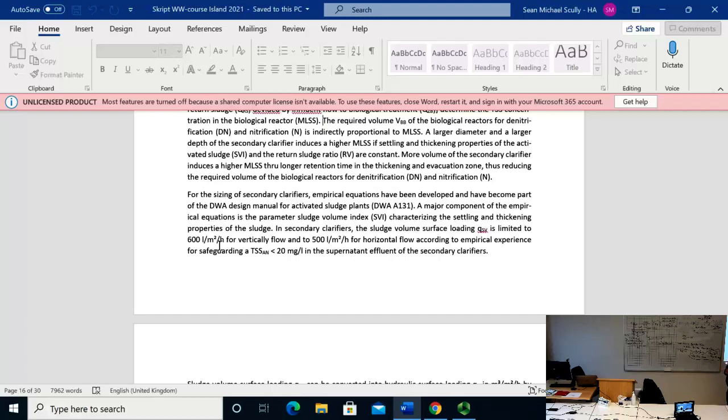So if I know my peak flow, I can calculate my surface area, and if I know my tank is round, I can calculate the required diameter.